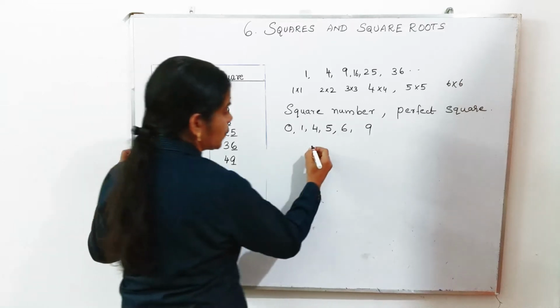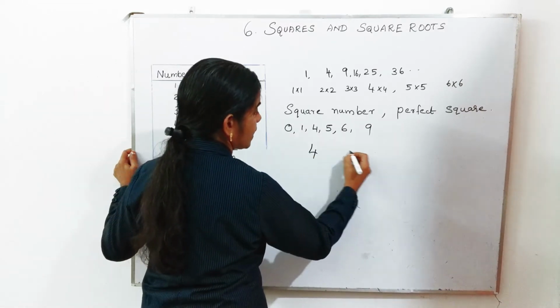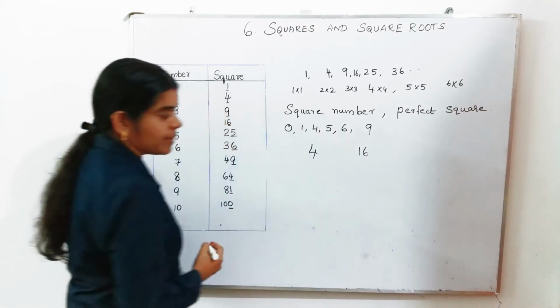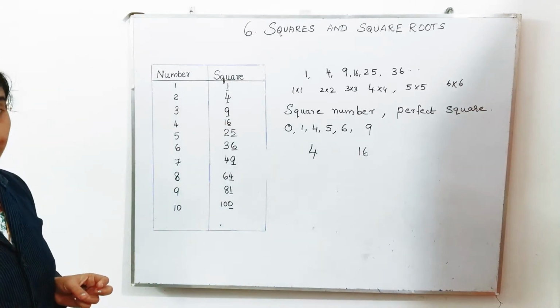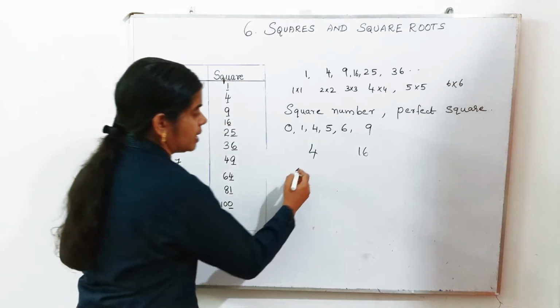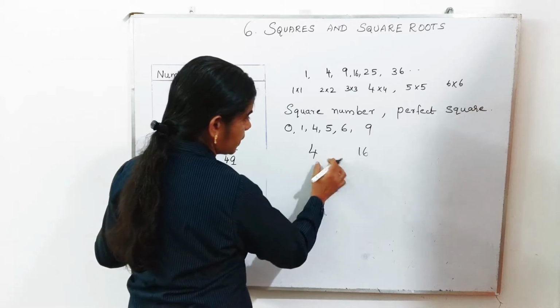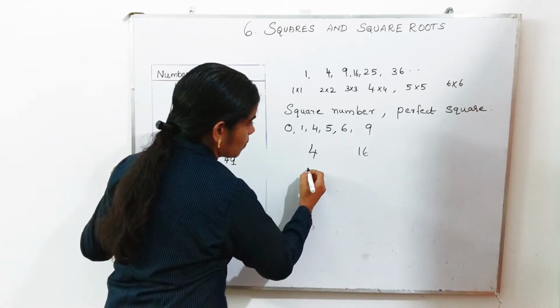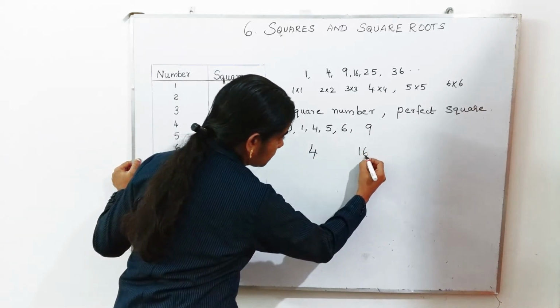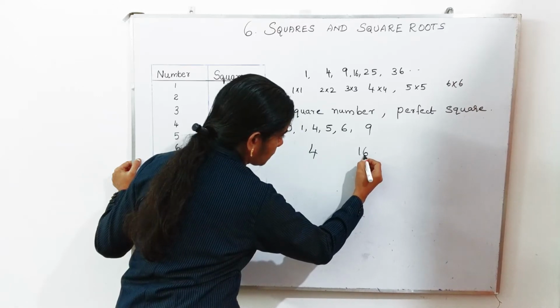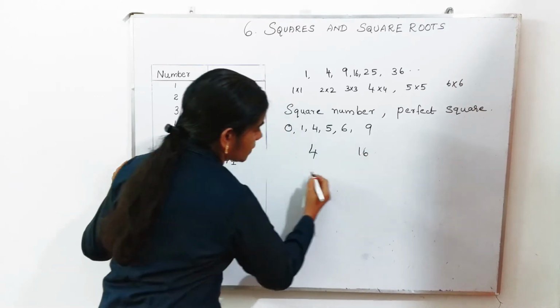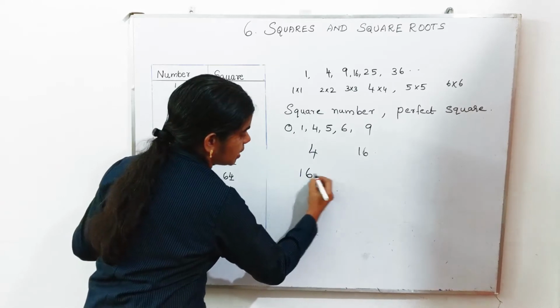Then I will show one more question of this type. You know 4. What will be the square of 4? That will be 16. Square of 4 is 16. Again I am taking 4 into 4, 16. Then I am taking 16 into 16.